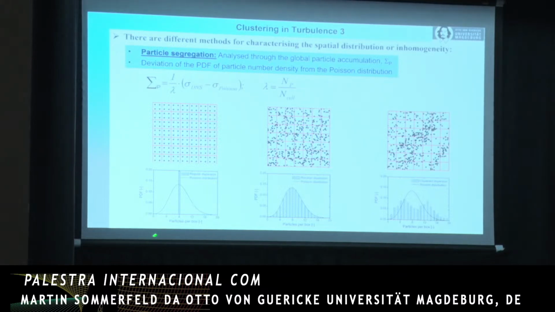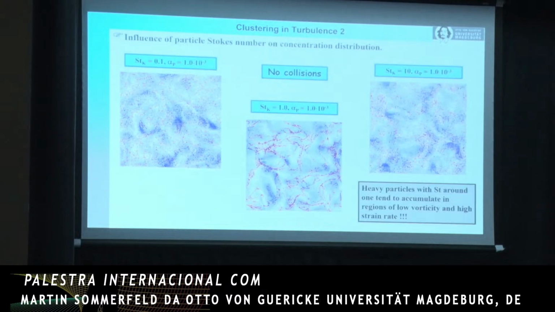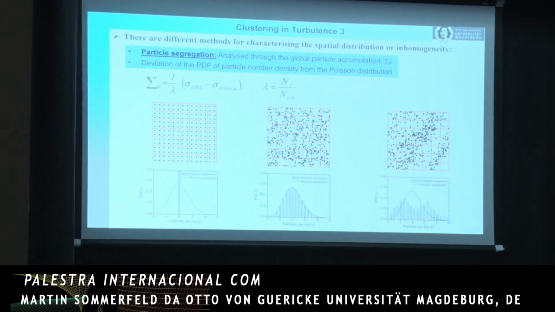The Poisson distribution is shown here. Now, if you have this regular arrangement, of course in 3D, therefore the number is 8, you have a delta function in this case. Now you have here more or less random uncorrelated distribution of the particles, so you get a very small difference in these two values. So the Poisson distribution is almost identical to the value.